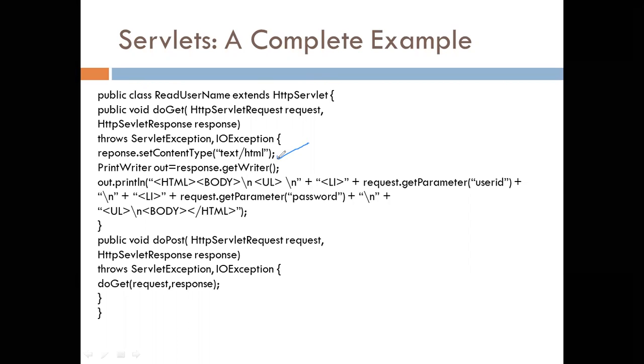So this indicates that the response object that is returned from this particular servlet is going to be an HTML file. Then similar to the previous example, we have to take a PrintWriter, using response.getWriter, and on this out object we can print whatever we want over here.